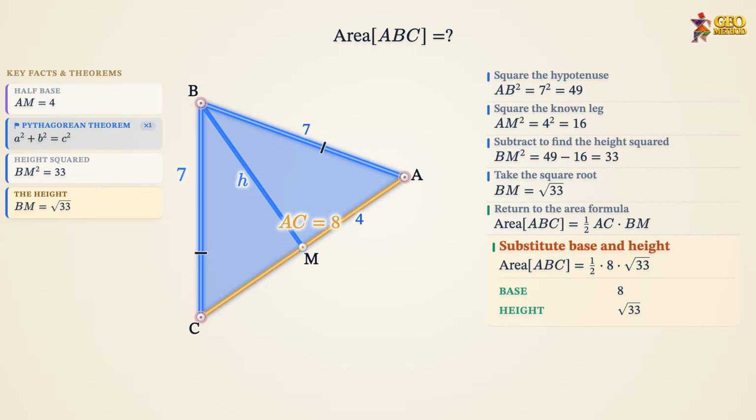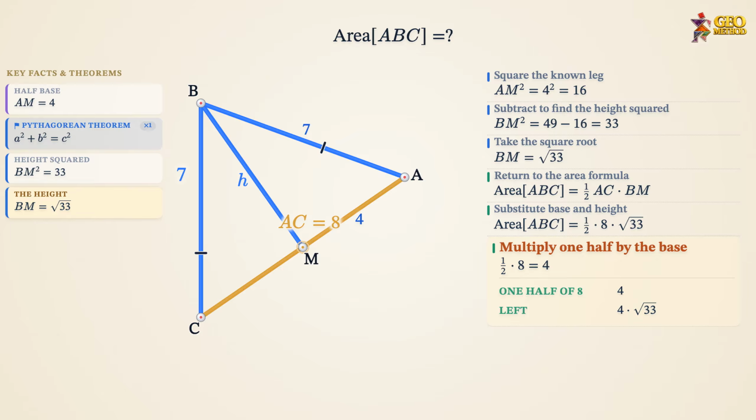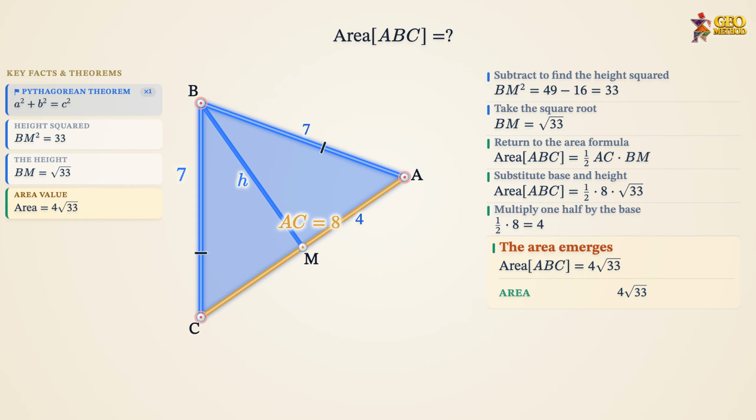That gives 1/2 times 8 times the square root of 33. 1/2 of 8 is 4, so the two numerical factors collapse to 4. The height radical is simply carried along. So the area of triangle ABC is 4 times the square root of 33. The radical cannot be reduced any further, so this is the exact area.